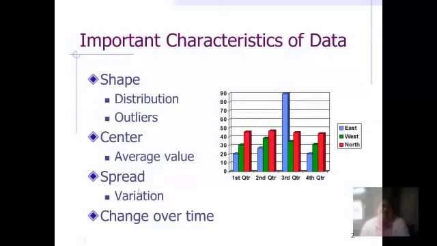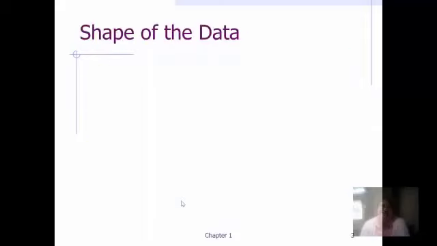The spread is the variation, and the distribution is the shape, as well as outliers add to our shape. And then again, change over time, we may be looking at data over a long period of time, and that can tell us some important things too. But shape, center, spread is a lot easier to remember than the list in your book.